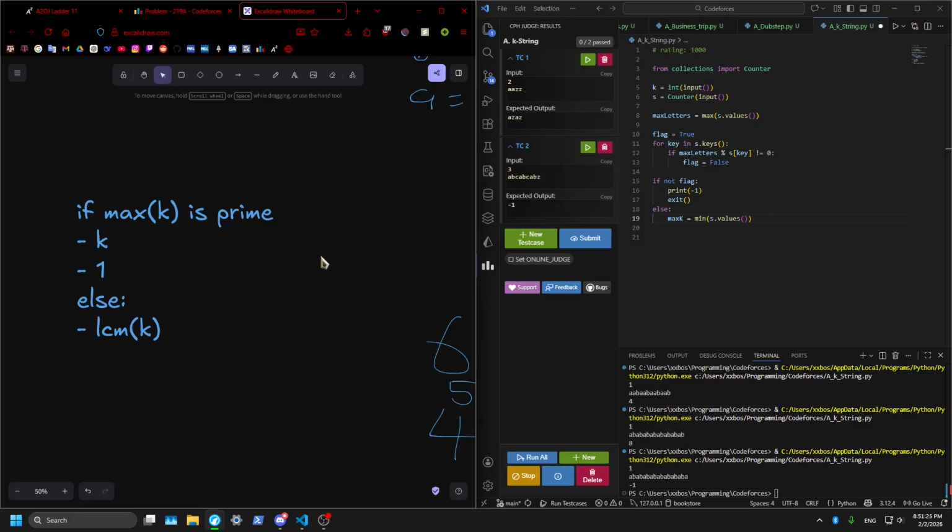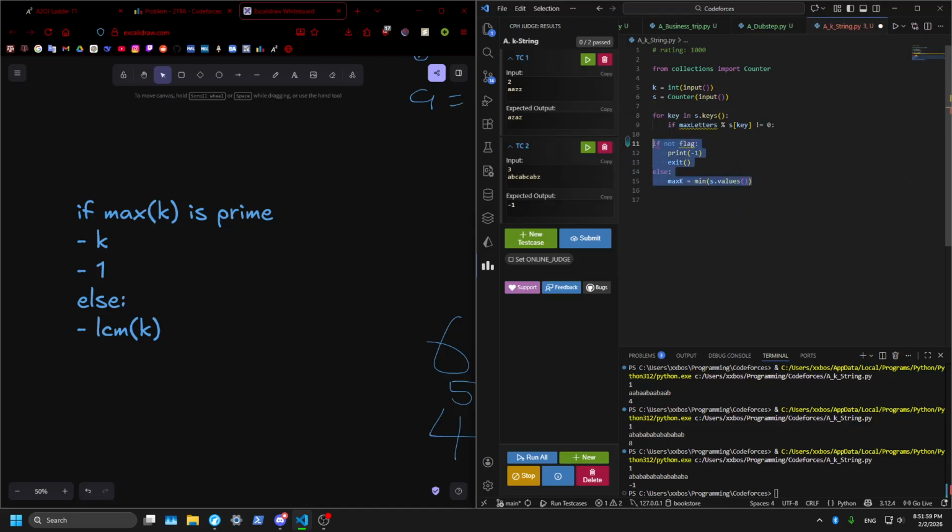We don't need that. We only need to find out if it's possible with K. So we count all the letters. Okay, wait. Might be onto something. I don't think I need any of this.